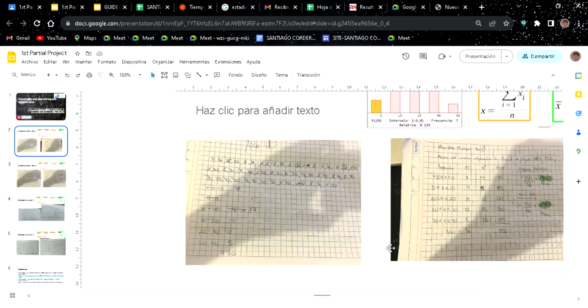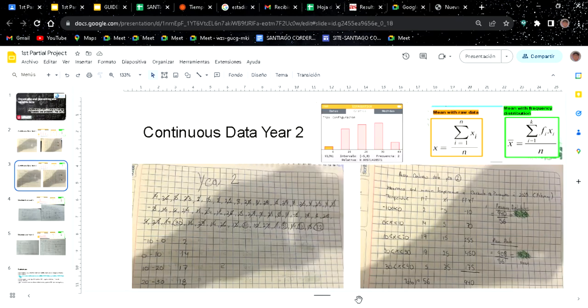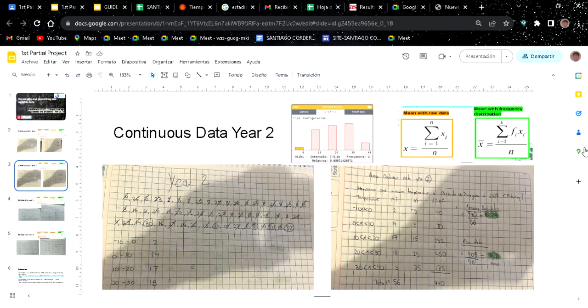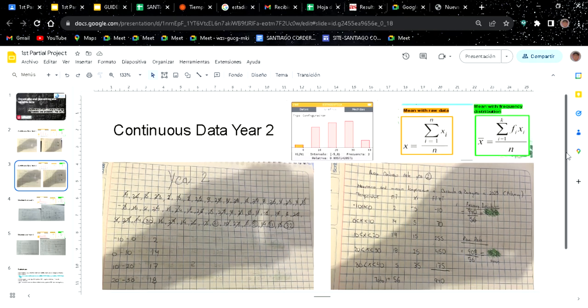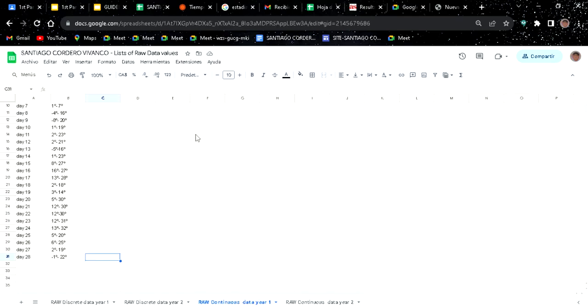This is the graphic of this table, and then we continue with continuous data year 2. It's the same.